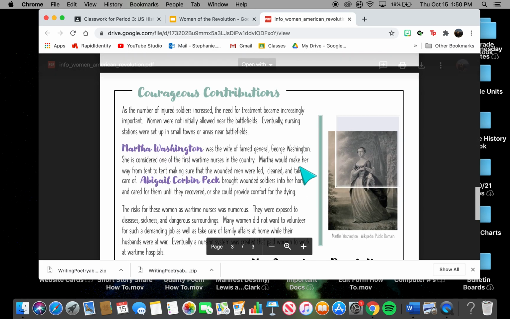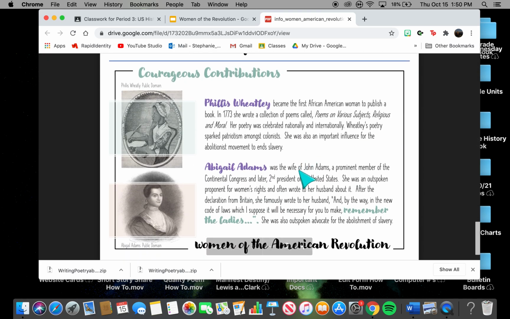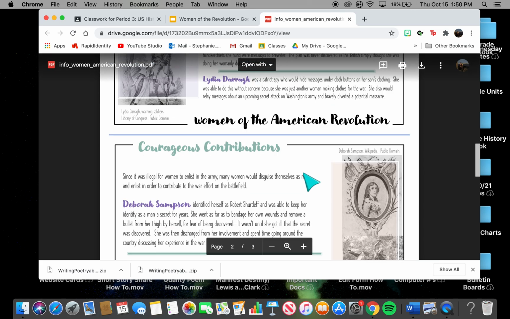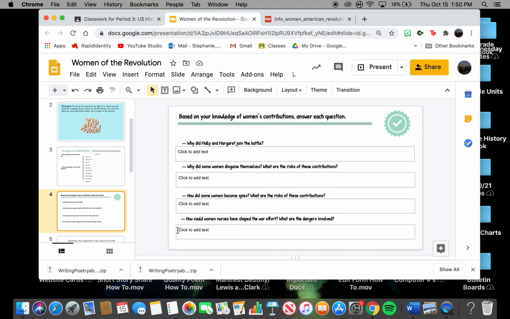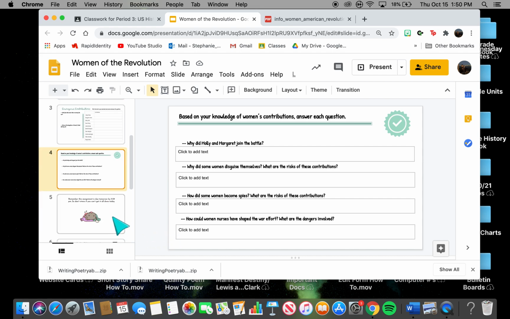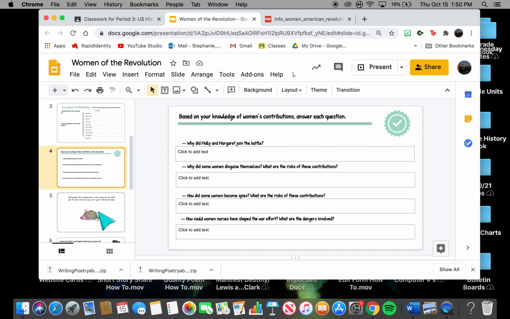So again, you just scroll down, you look for a section with nurses, and then you write down the information. This is a pretty easy assignment, you guys, because it's just reading and then answering the questions. This assignment is going to go with the assignment you guys are doing on Thursday and Friday, which is making a movie poster. So it's really important that you do this well.